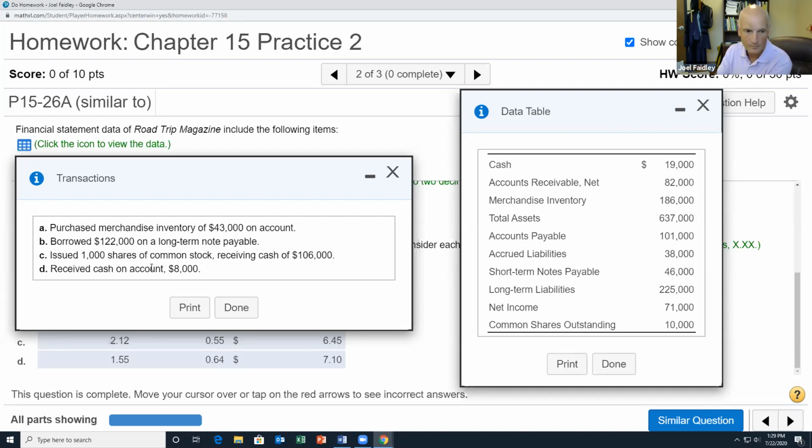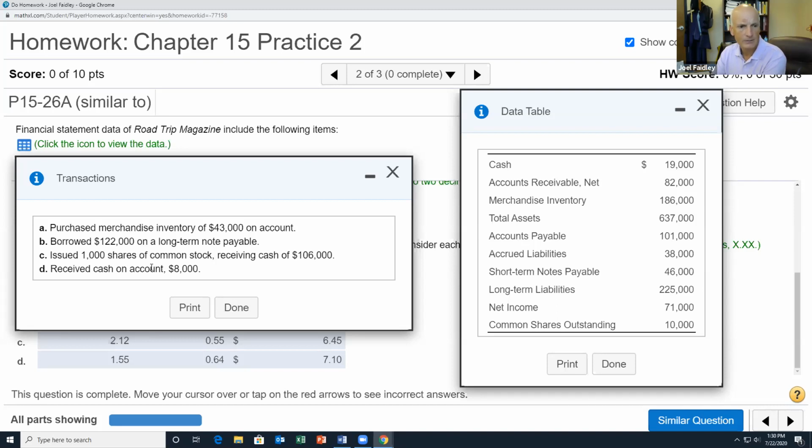410,000. This is for my second one there, the 55 cents. 410,000 plus 106 gives me a numerator of 516 divided by 637 is 0.81. Oops, I did something wrong. What did I do wrong?